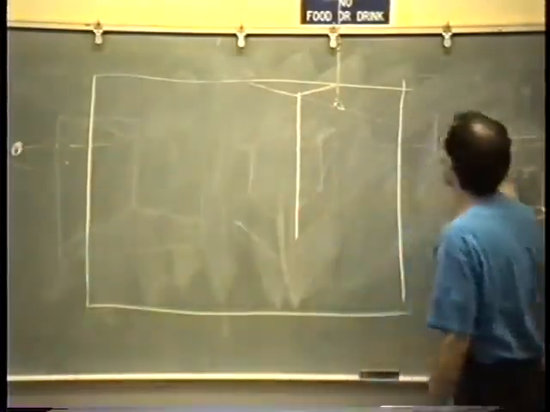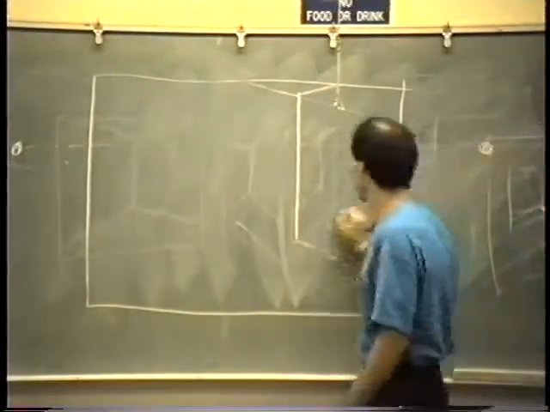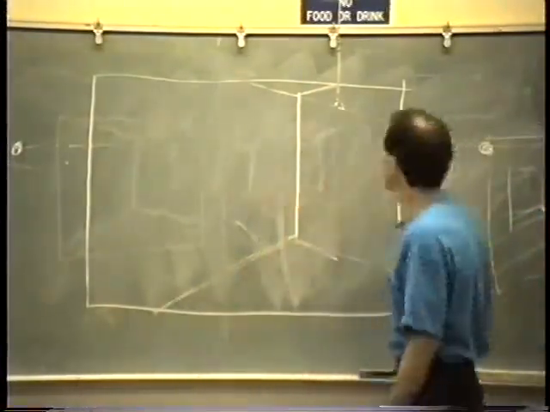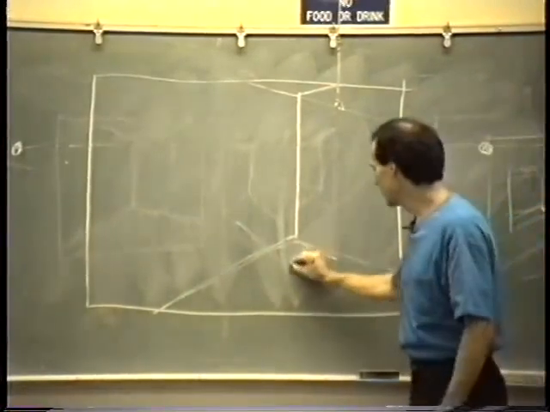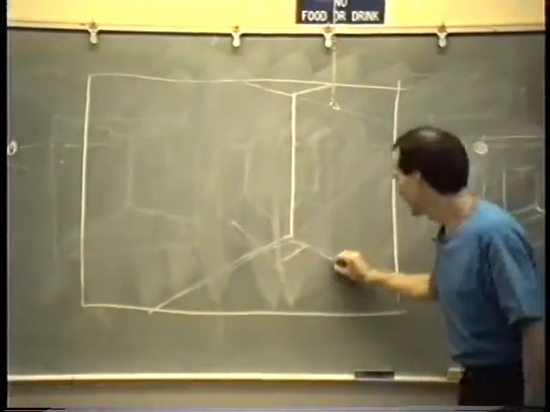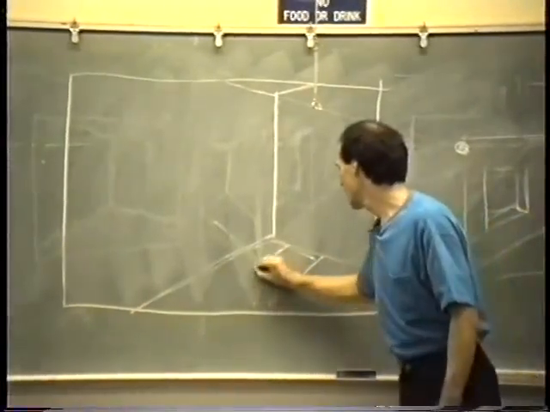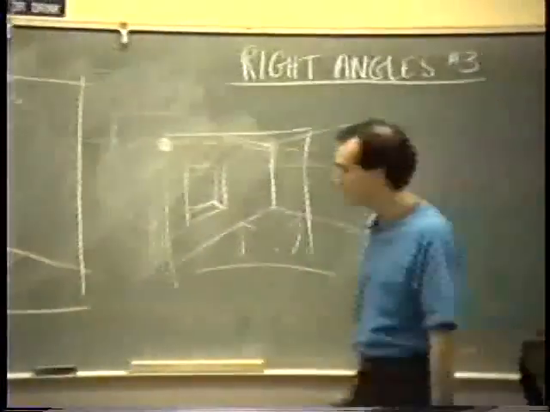Make those vanishing points nice and obvious. That's the back wall. Let's say that there is a chair that will sit right there. That is the space on the floor that the chair will be.